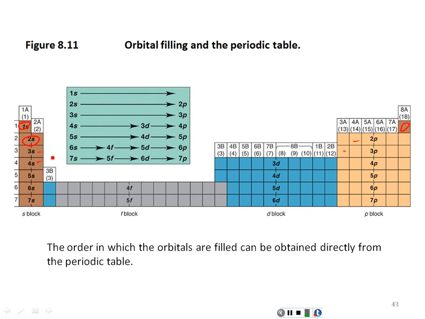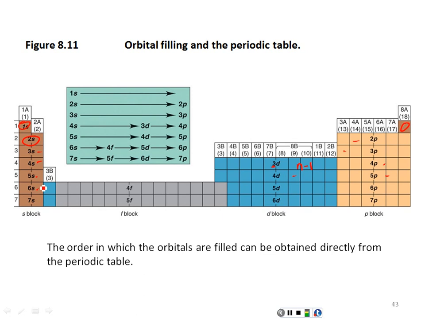Again, the row you're in is the principal quantum number until you get to the transition metals. Then we go 4s to 3d. So the d is always going to be n minus 1, the row number minus 1, followed by 4p, 5s, 4d, 5p, 6s.